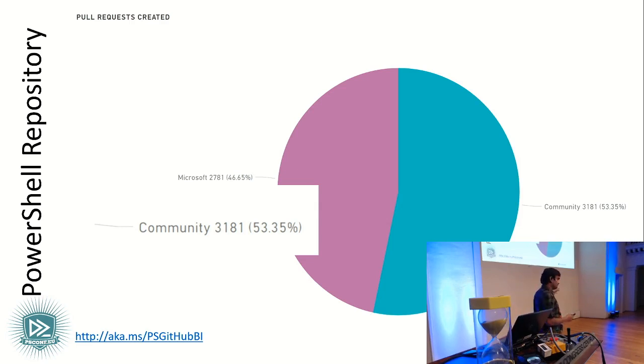If you convert that into financial market or investment banking terminology, 53.35% basically means this community owns PowerShell. Not in literal terms, but the code that this community contributes to the PowerShell repository implies that we kind of own PowerShell itself now.